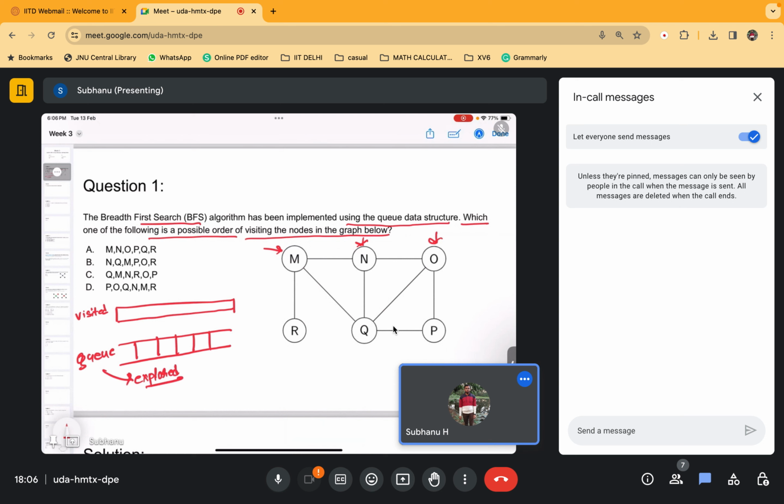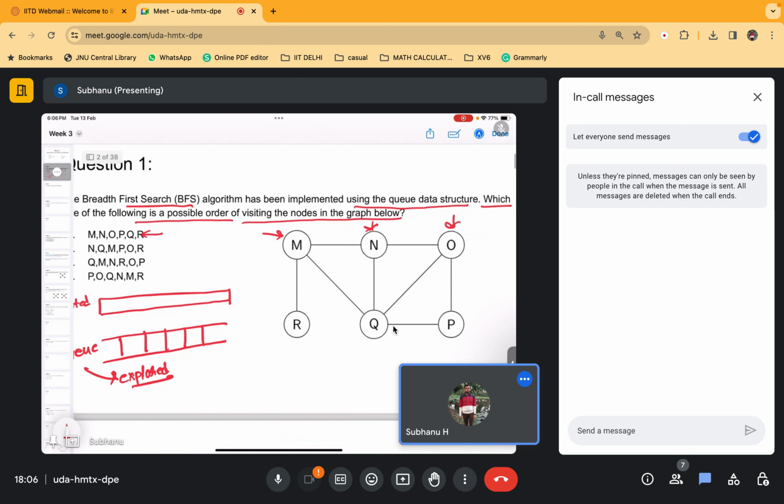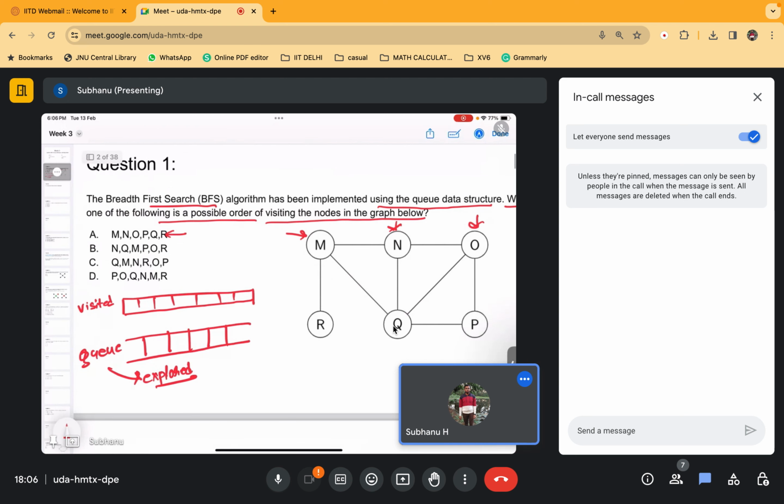So if we start from M and go with this option, you can write it like this: M, N, O, P, Q, R.